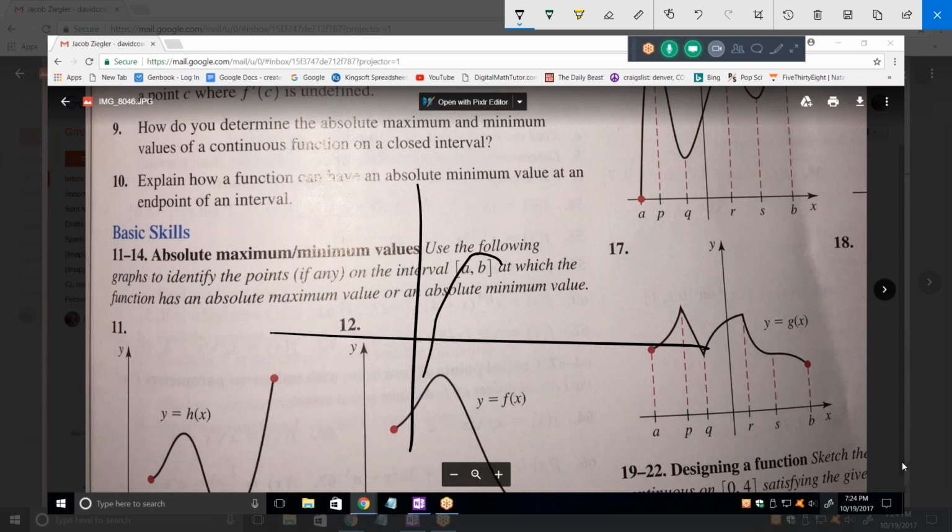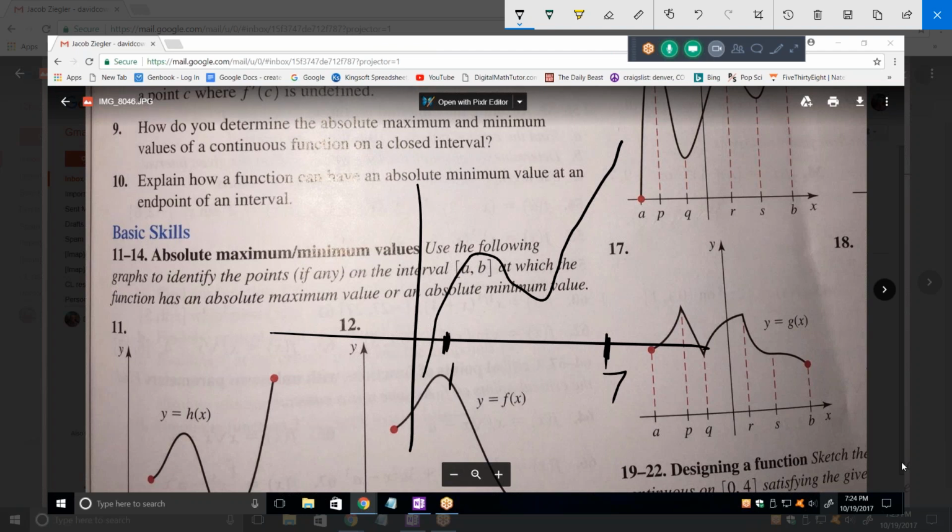Let's again take that function, and we want to measure it from this point to that point, that closed interval. We'll call that 1, we'll call that 7. Now, how do I determine the absolute maximum and the absolute minimum on this closed interval?